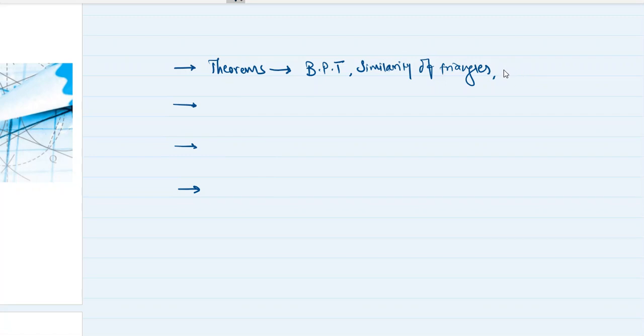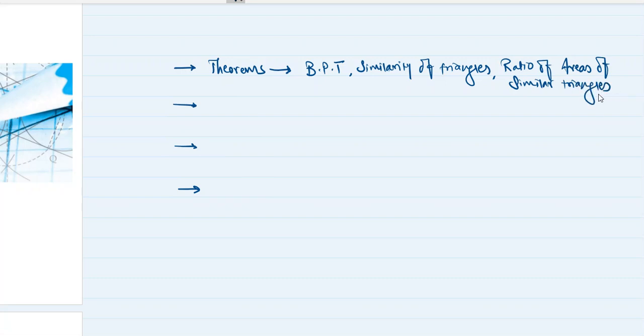After that, I'm going to complete the relationship between the ratio of areas of similar triangles and the sides of similar triangles. So I'll call it the ratio of areas of similar triangles.